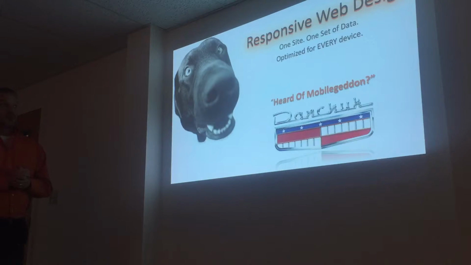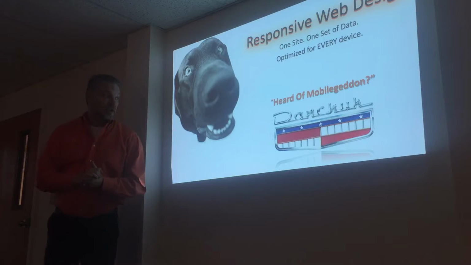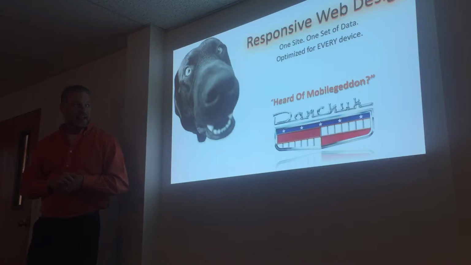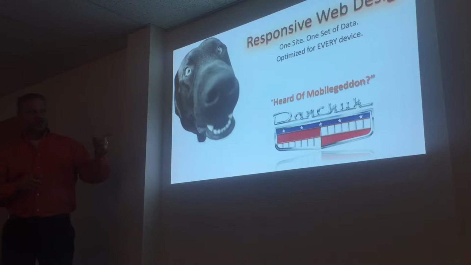We talked about responsive web design. This is one of our customers in Southern California. If you've been to Evolve, you've seen the video of Ativo implementing Danchuck in Southern California. And this was very interesting.